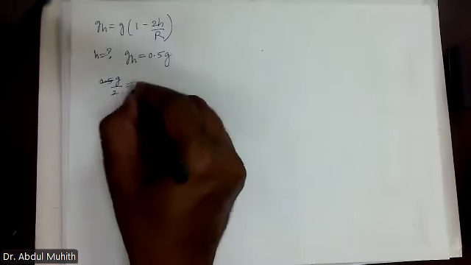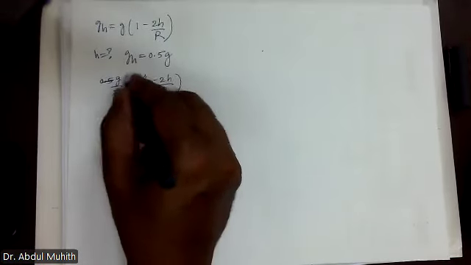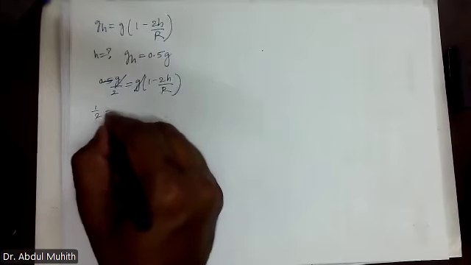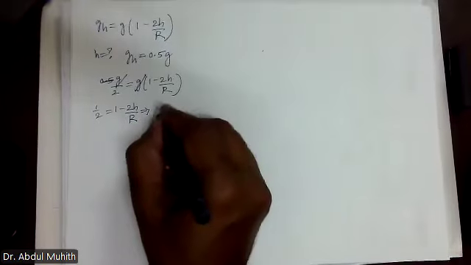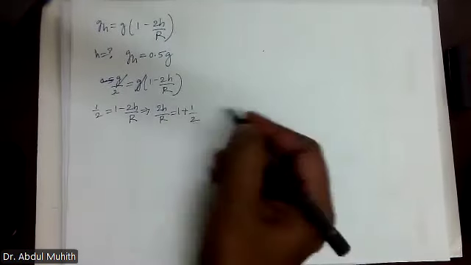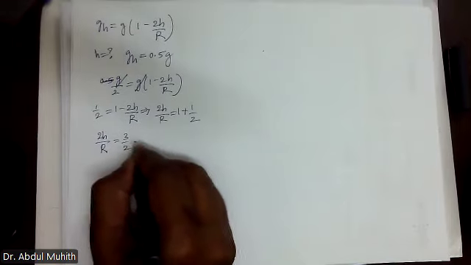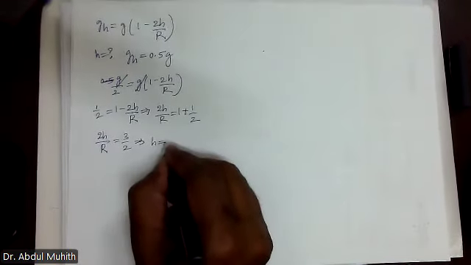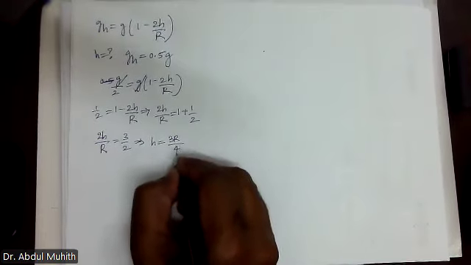So g by 2 equals g into 1 minus 2h by R. g and g will go away. 1 by 2 equals 1 minus 2h by R. This implies 2h by R equals how much? 1 minus 1 by 2, so 2h by R equals 1 by 2. This implies h equals R by 4.